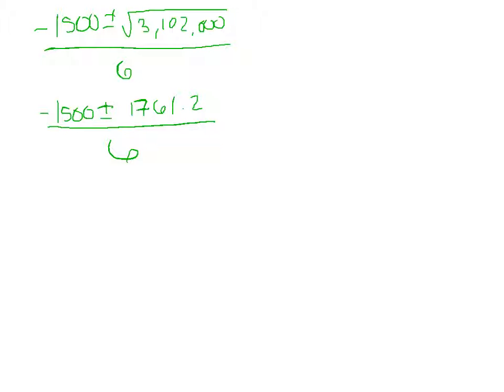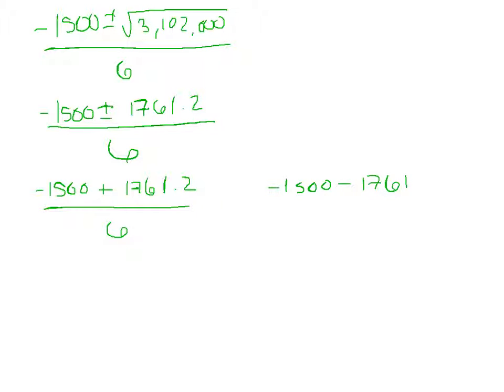This leaves me with the two values of negative 1,500 plus 1,761.2 all over 6, and negative 1,500 minus 1,761.2 all over 6.